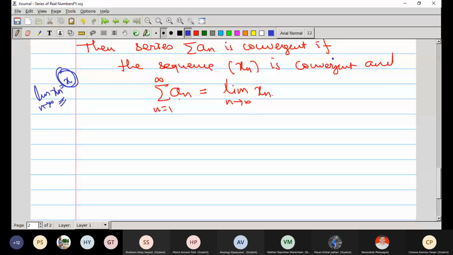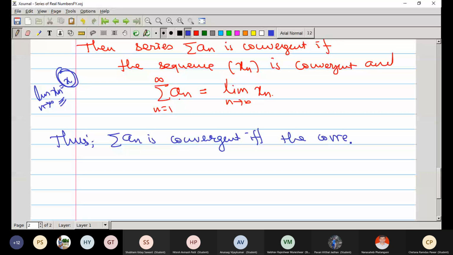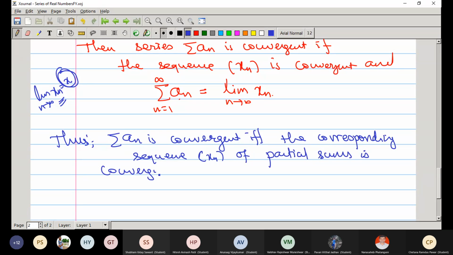So is it clear? Thus, the series an is convergent if and only if the corresponding sequence xn of partial sums is convergent, and the sum of the series is the limit of the sequence xn.